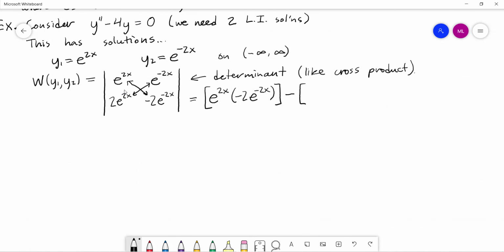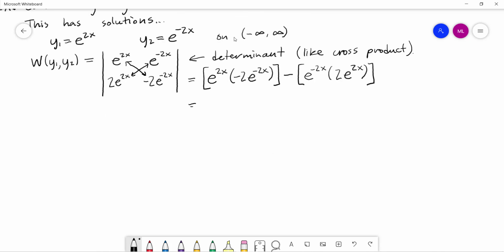So the other product I need is the product of these two. So that's going to be e to the negative 2x times 2e to the 2x. And so what do I get from this? Well, when we do this multiplication, I've got an e to the positive 2x times an e to the negative 2x. We add exponents, and we'll just get e to the 0, which is 1, times a negative 2. So I've got a negative 2 from this first term.